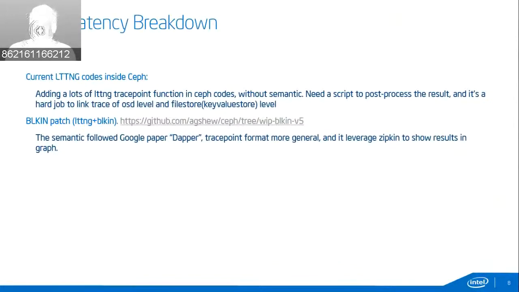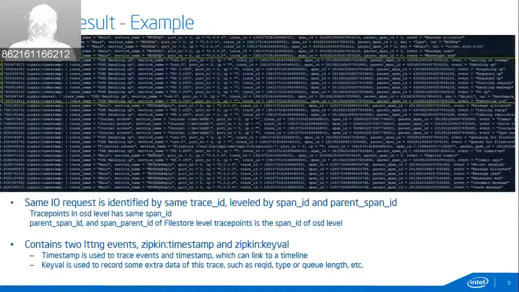Also, it has a unified identifier to identify all the tracing from one I/O. You can see from this picture, no matter whether the trace point is at the OSD level or the file store level, they all have the same trace ID.